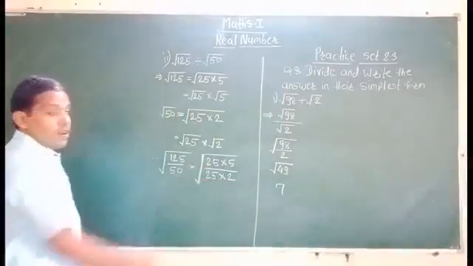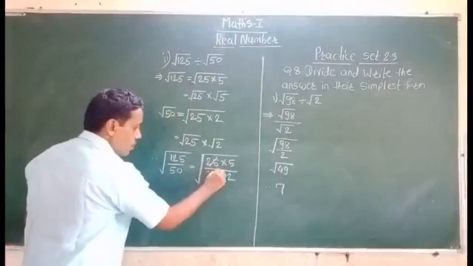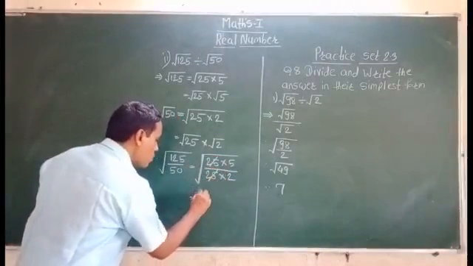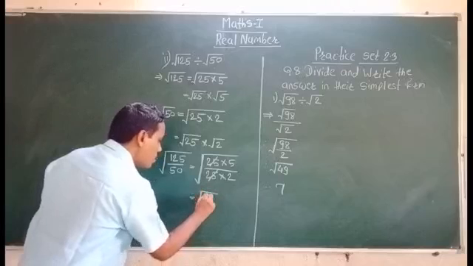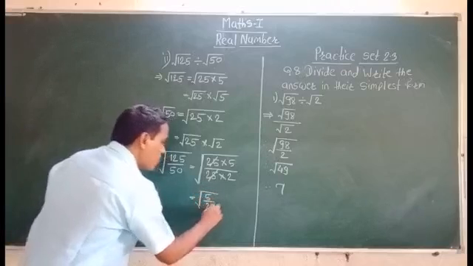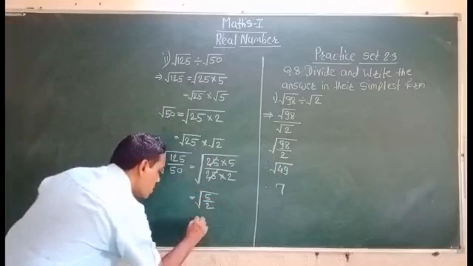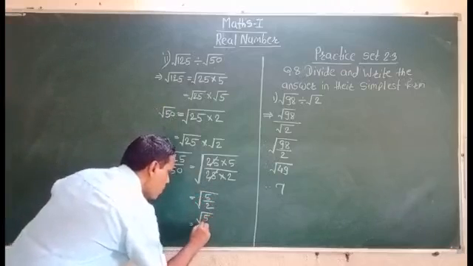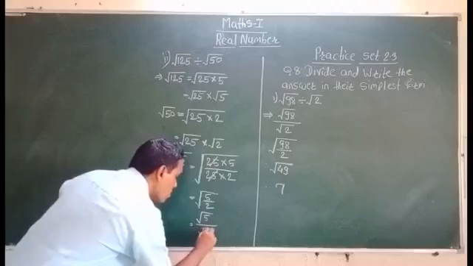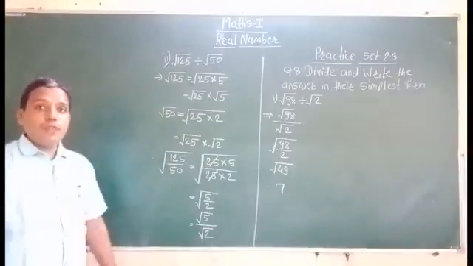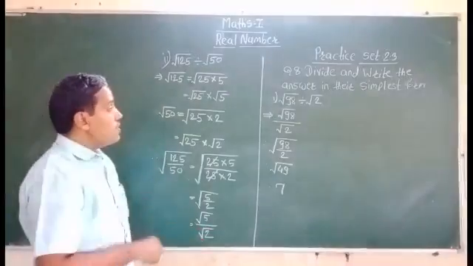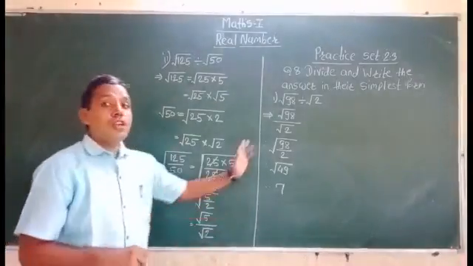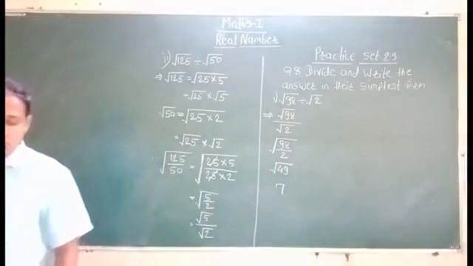The 25 is the same number, so we cancel them. In that one, it is surd 5 divided by surd 2. So the answer is surd 5 upon surd 2. In this way we have carried out the division process for two given surds.